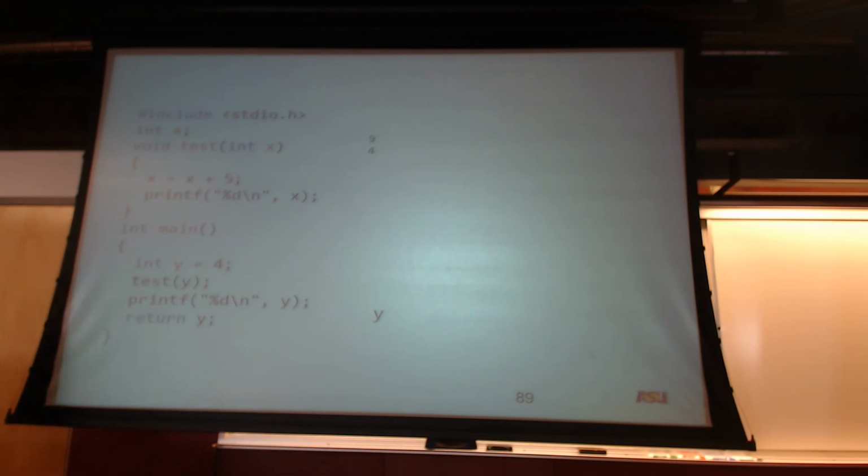Now if we do the box and circle diagram of this, what happens? Initially we have y in main with the value 4 in it. When we go to test, int x is a local variable in test. There is a global int x, fine, but there is also a local variable, so we consider that as the local variable, that is the scope.